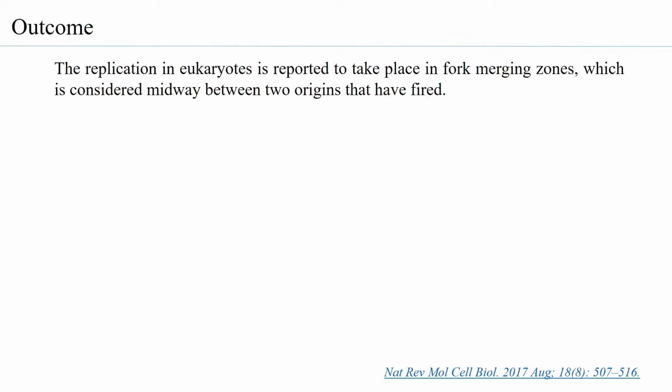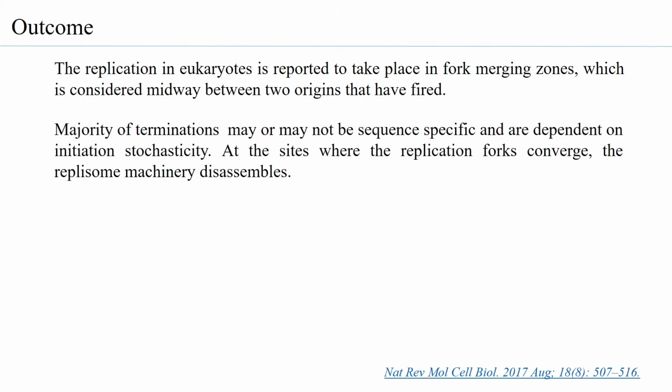Replication in eukaryotes is reported to take place in fork merging zones. So there are certain zones where the replication forks merge together. This is considered to be generally midway between two origins that have fired. The majority of terminations may or may not be sequence specific.